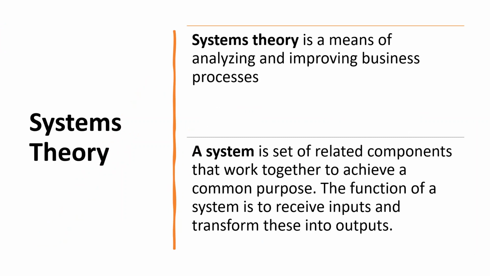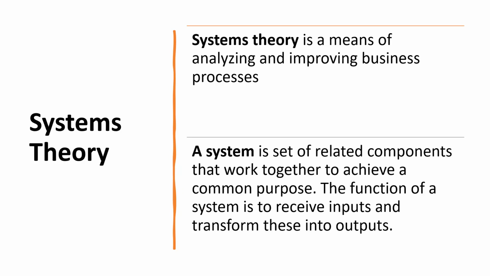We look at system theory, which is the other concept in Introduction to Information Systems. This is where we are trying to analyze and improve business processes by looking at things in terms of systems. So first, what is a system? A system is simply a set of related components that work together to achieve a common purpose.